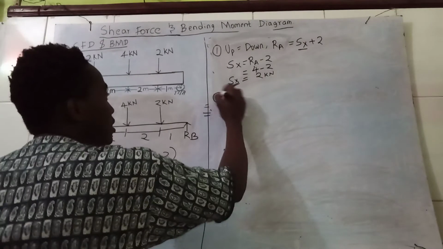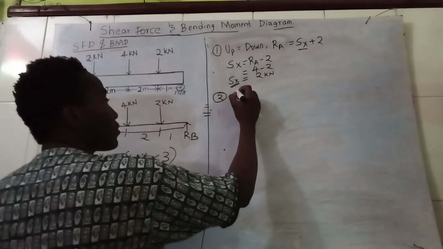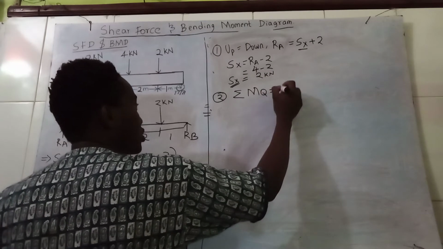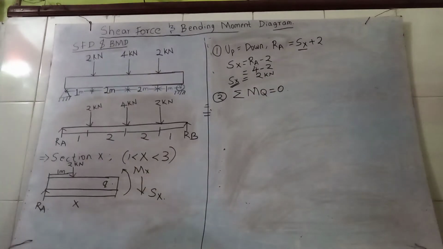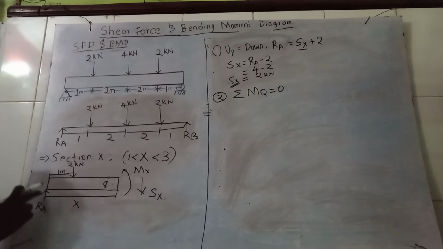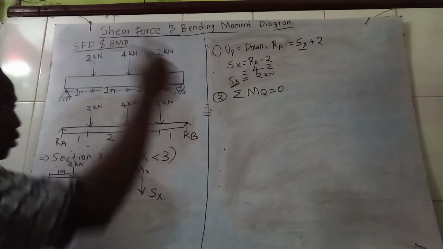Then secondly, we take moments at a point Q. The sum of moments at point Q is equal to 0. So RA multiplied by this distance x, RA is going in that direction, a clockwise moment.